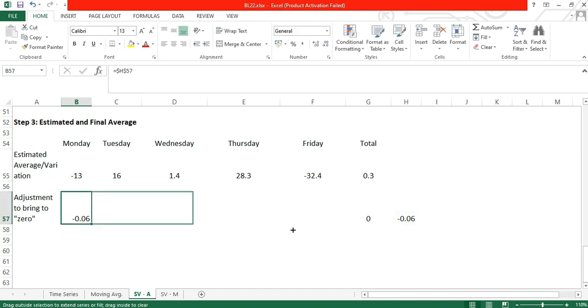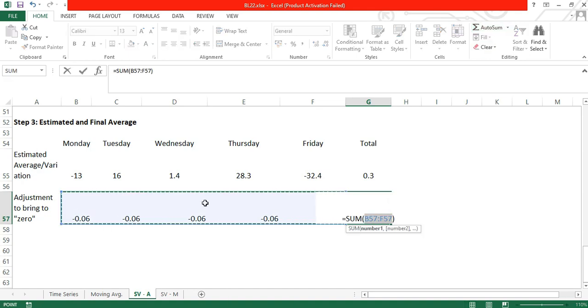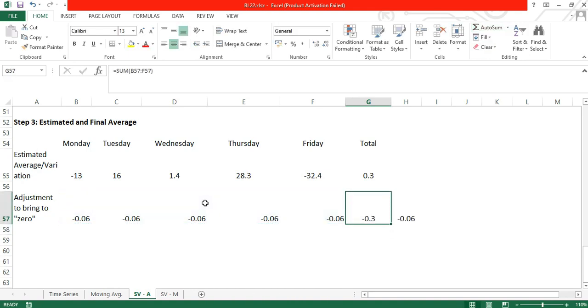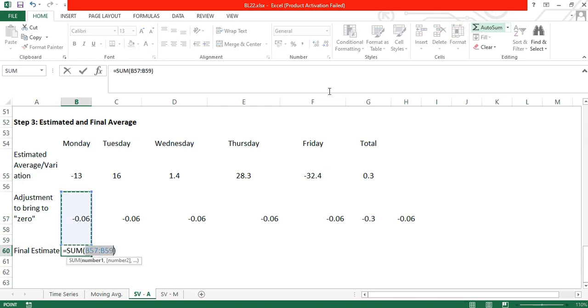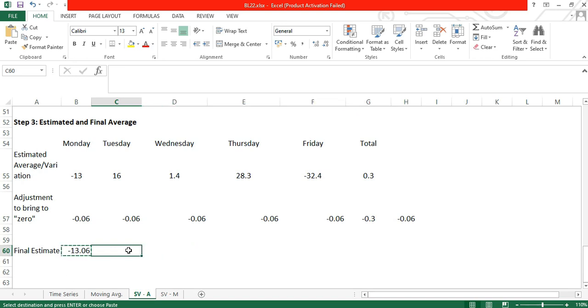There you go. Spread. So the total of it naturally is minus 0.3, and therefore your final estimate total will be 0. That is to remove any netted variances and stuff like that.